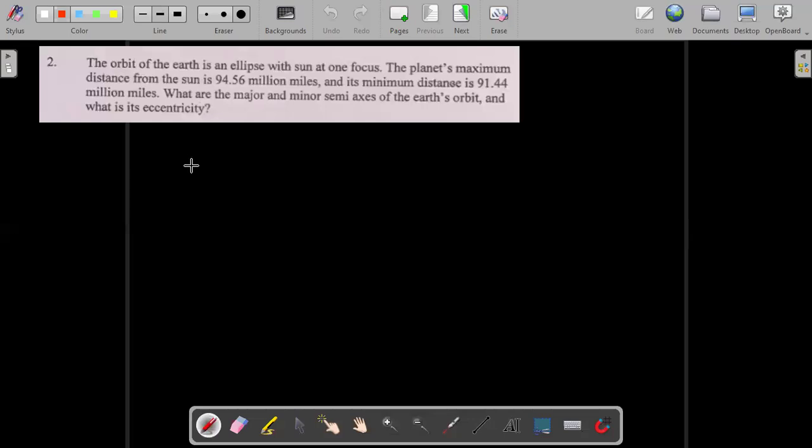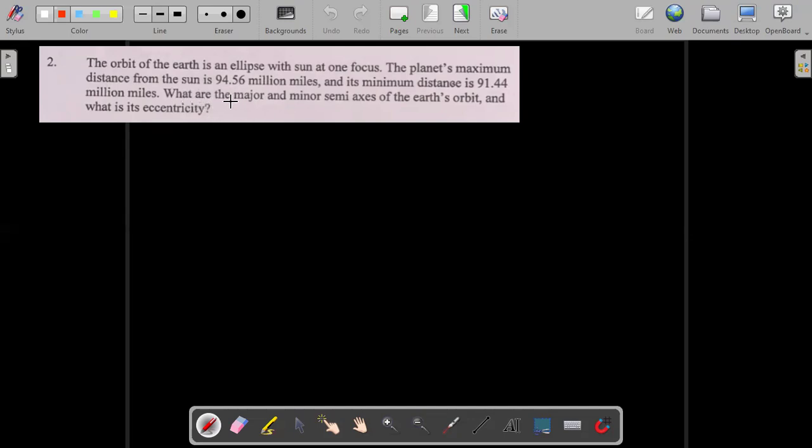The planet's maximum distance from the Sun is 94.56 million miles, and its minimum distance is 91.44 million miles. What are the major and minor semi-axes of the Earth's orbit, and what is its eccentricity?